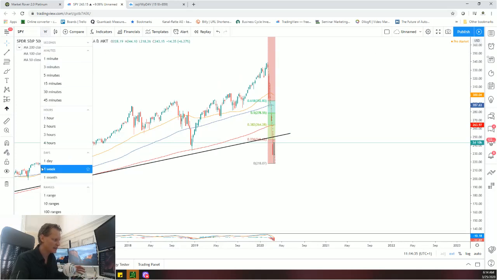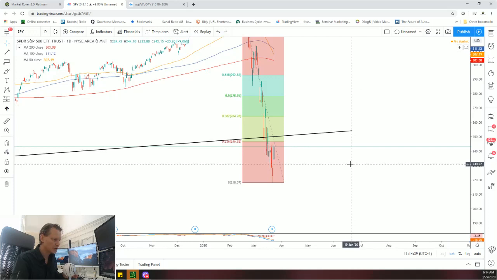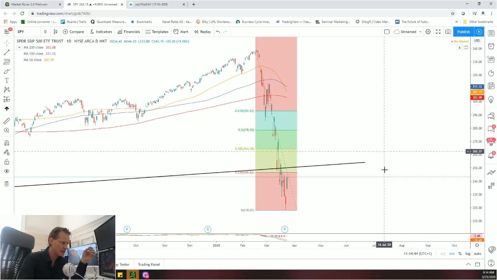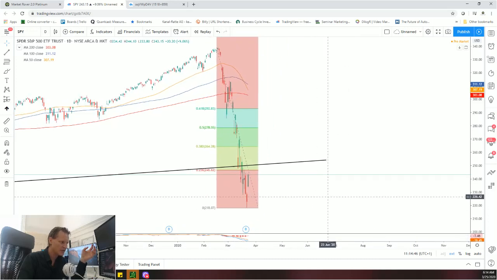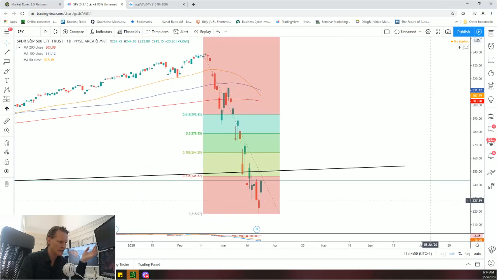If we now make this a daily chart, we can look at some Fibonacci levels. I made a video earlier this week about these Fibonacci retracement levels, which I think are really interesting spots. If you know how to draw them, let us know down here and I'm happy to make a separate video for that.